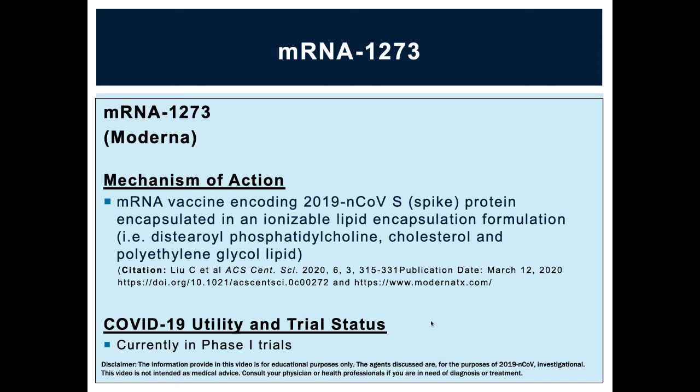Now let's take a look at how the mRNA vaccine actually mediates an immune response. So as I mentioned, the mRNA vaccine needs to be administered intradermally.